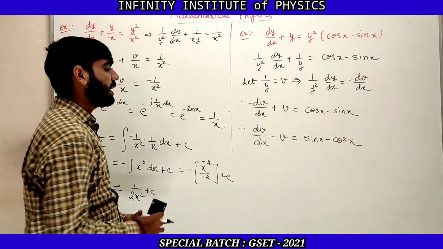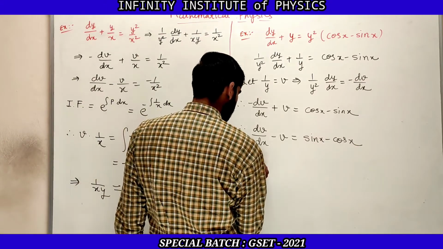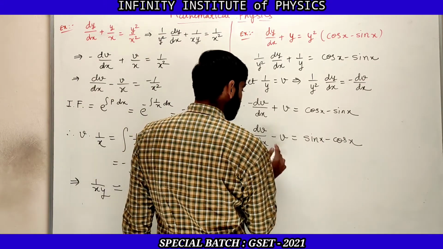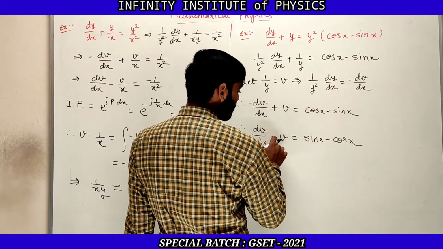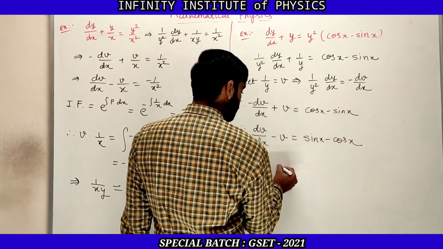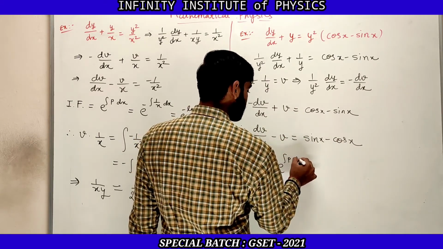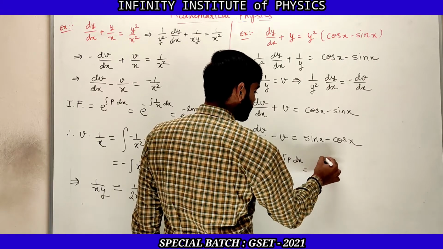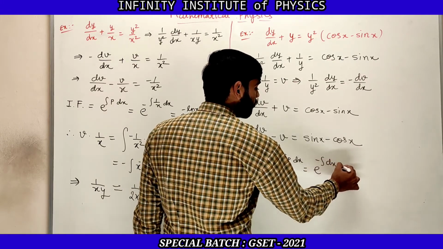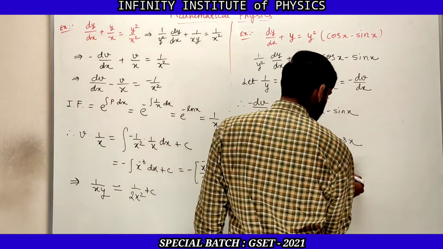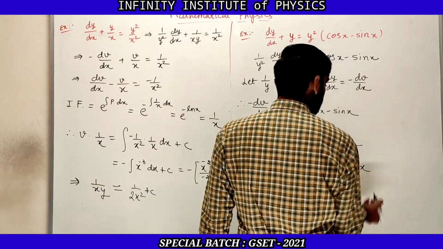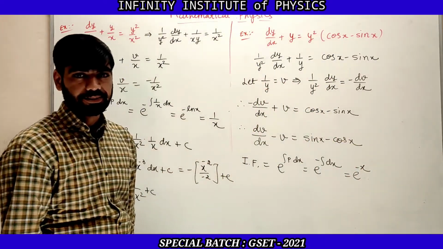Now the integrating factor. This is linear in v, dv by dx plus pv is equal to q. So the integrating factor is e raised to integration p dx, but p is equal to minus 1, so it is integration minus dx. So it is e raised to minus x.